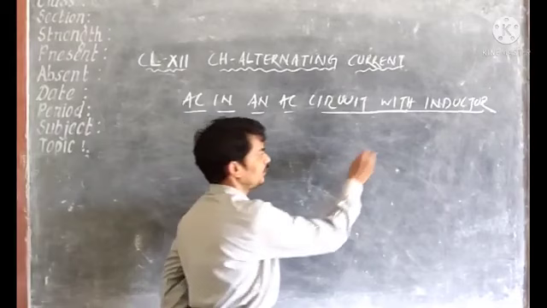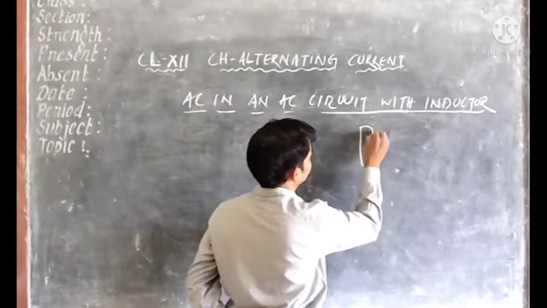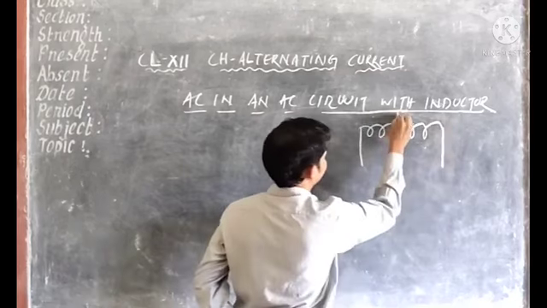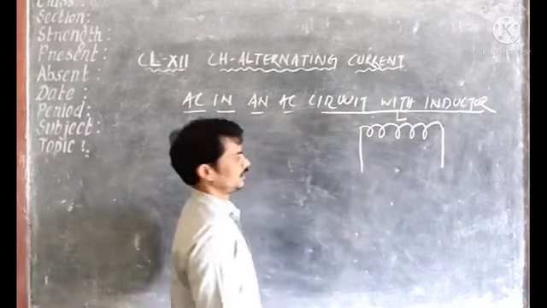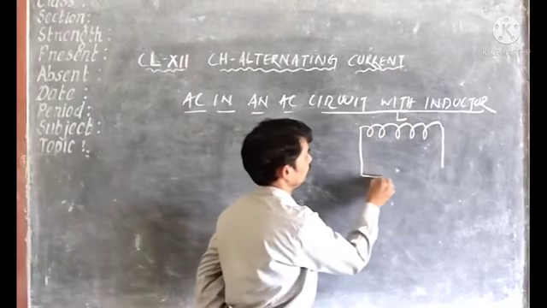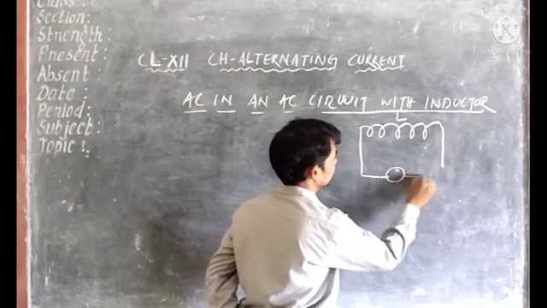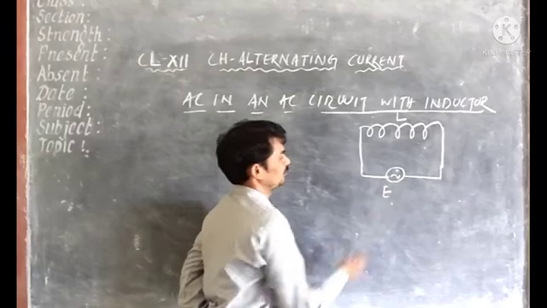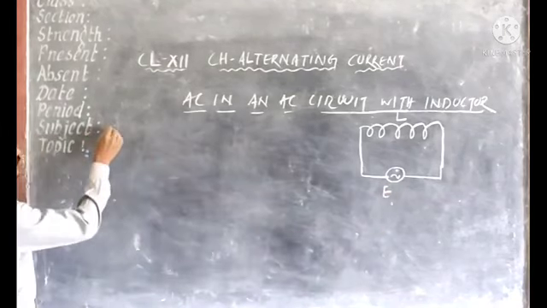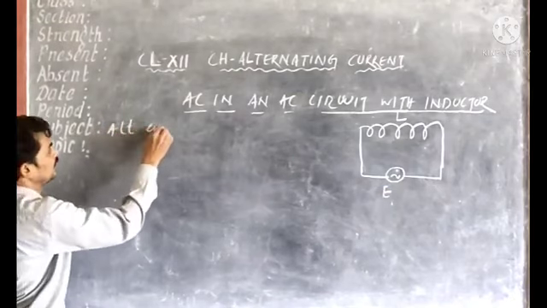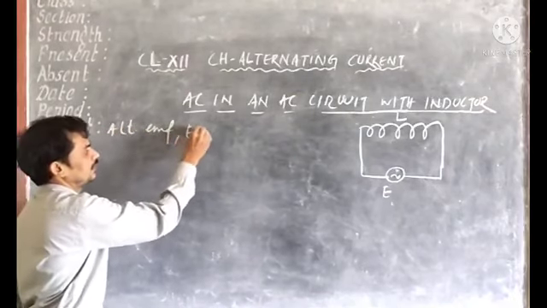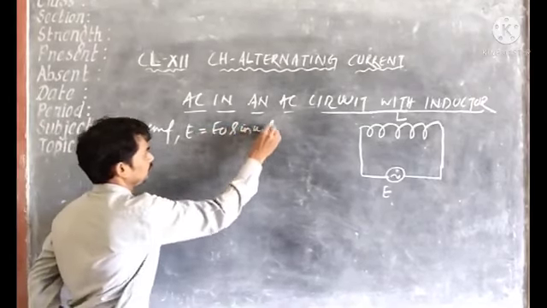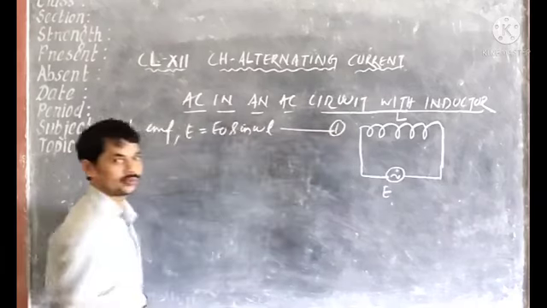Let's consider one inductor having coefficient of inductance L. Then we'll supply some alternating EMF source to this. Let's consider the alternating EMF source E. Then alternating EMF can be given by E is equal to E naught sin omega t. Let this be equation 1.